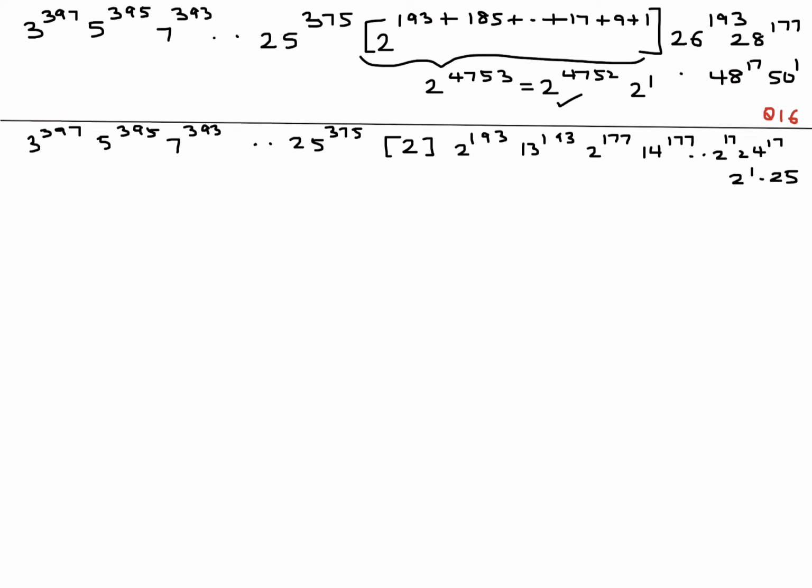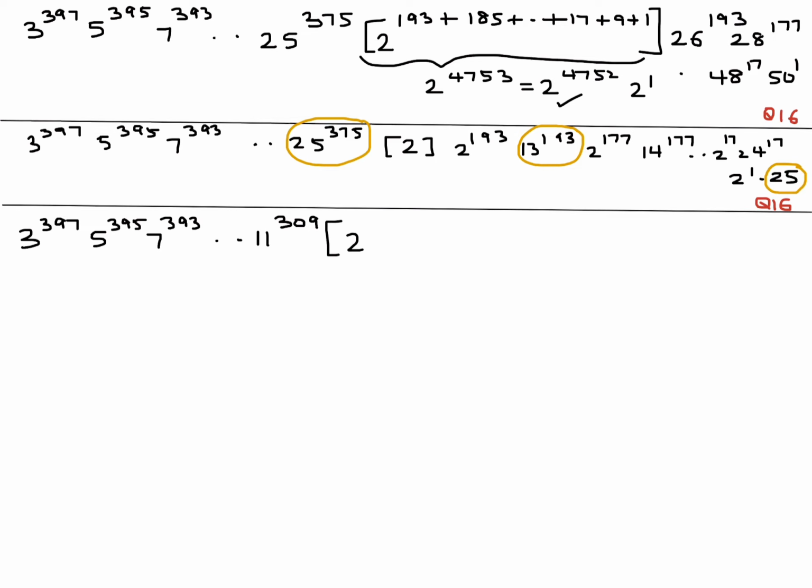Like that. And then as before, the ones that have an odd base, that will combine. So for example, this 25 combines with that 25. 375 plus 1 is 376. And similarly, all the ones that are odd will combine all the way down to that 13.